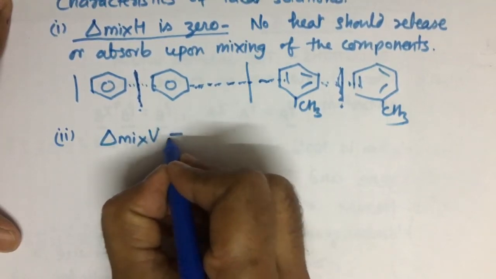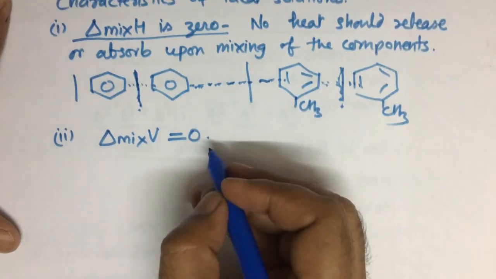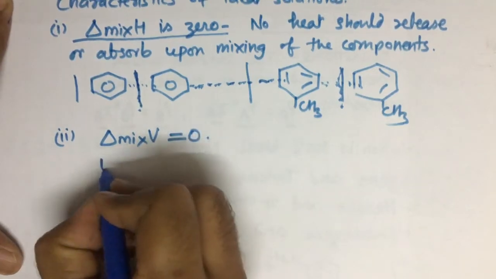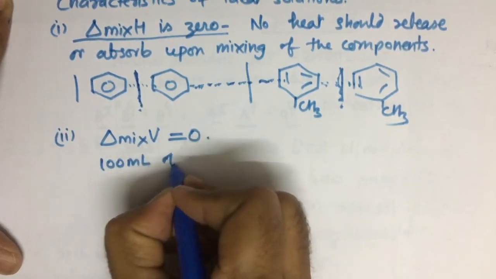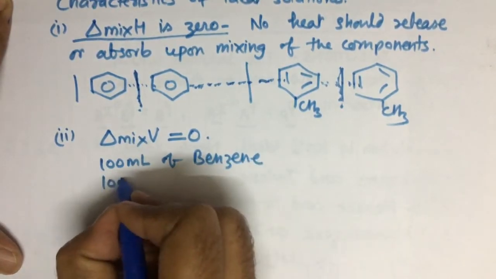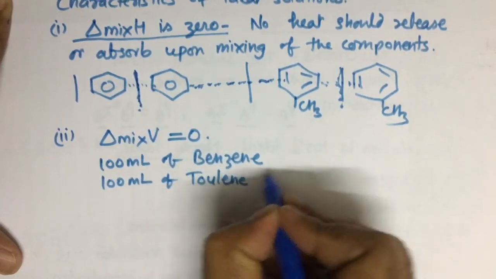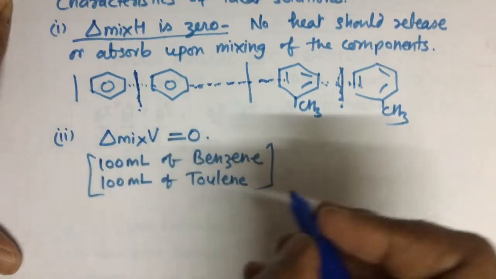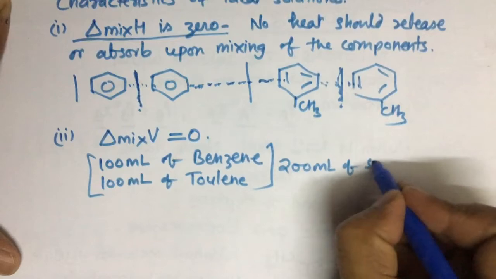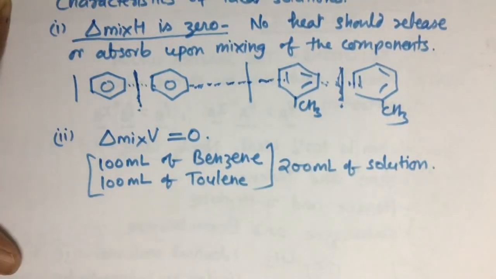And second characteristic is volume change on mixing is 0. That means the volume change upon the mixing of two components must be 0. That means if we have 100 ml of benzene and 100 ml of toluene, we mix the two components, we get exact 200 ml of solution of benzene and toluene.